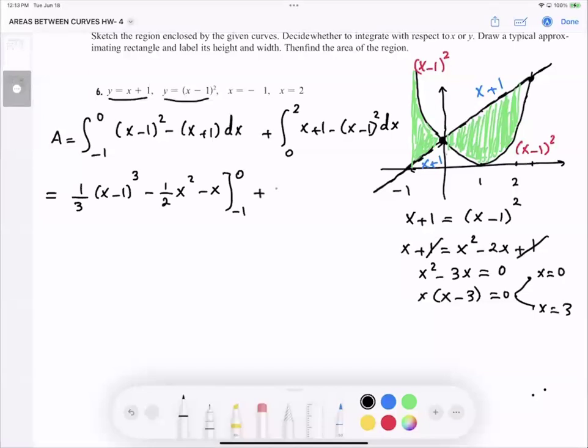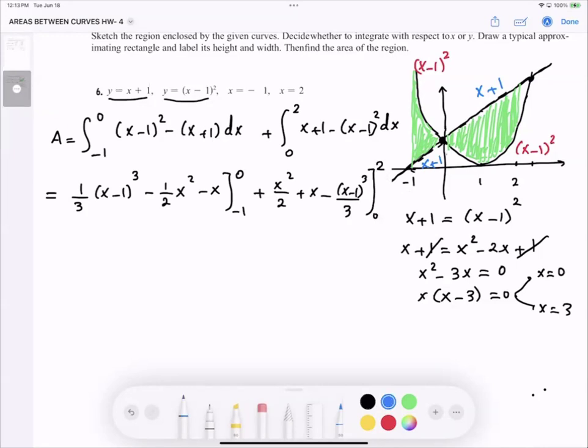You get plus x squared divided by 2 plus x minus (x minus 1) to the third divided by 3. Let me just erase this so I have enough space. This is -1, and my x is now bounded between 0 and 2.